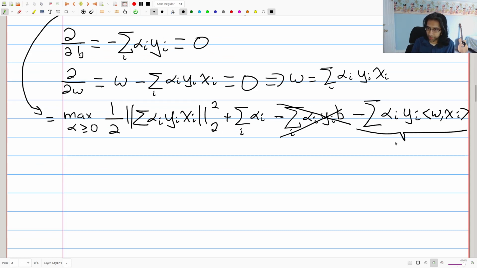can actually be rewritten in the following way, just substituting in w. This will be minus summation of, let me write in some of these indices to be more careful. Now, it turns out, if you think about it, this can be rewritten as the following, just substituting in this expression for w.